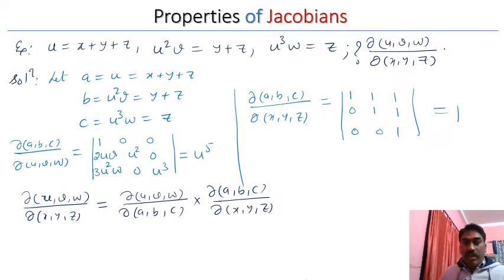So we directly have this second Jacobian, but we don't have the first one. But we know from property 1 that the first can be calculated as the inverse.